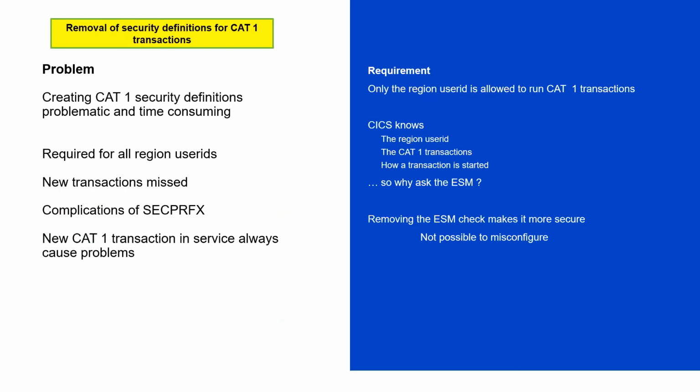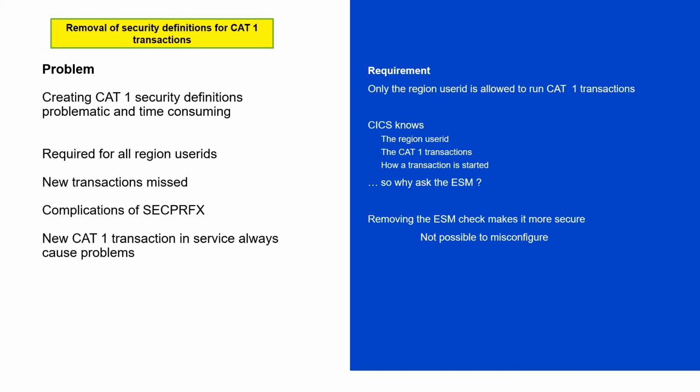As we were talking to a lot of customers about what their security problems were, what was time consuming, something that occurred in many customers, which I was rather surprised about, was the problem in setting up category 1 definitions for regions. I thought this was sort of a one-off activity, but obviously when you add a region, and also when you upgrade from one release to another, the category 1 transactions change from one release to another.